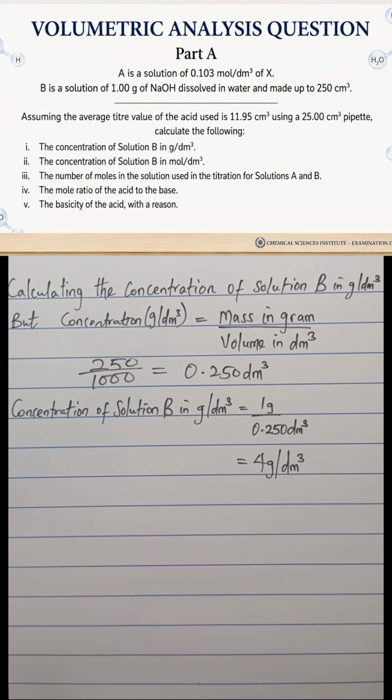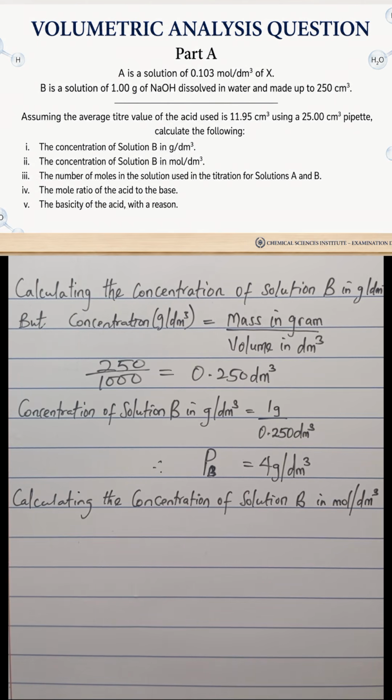Let's go for question 2. There are 2 ways of calculating this. We can calculate it by first of all getting the mole, then dividing mole over volume. Or we can use the relationship between the concentration in mole per dm cube and concentration in gram per dm cube.